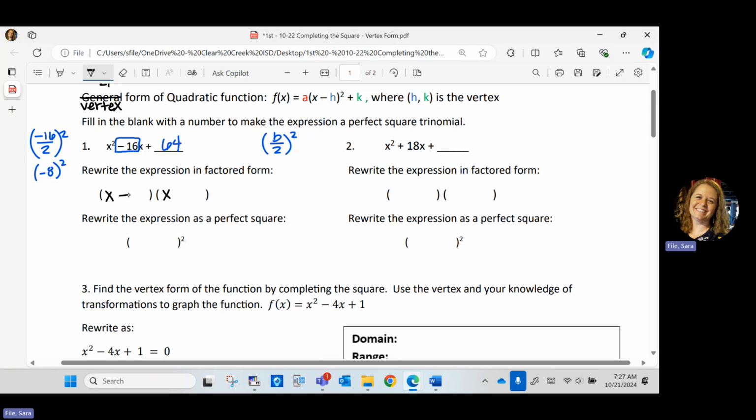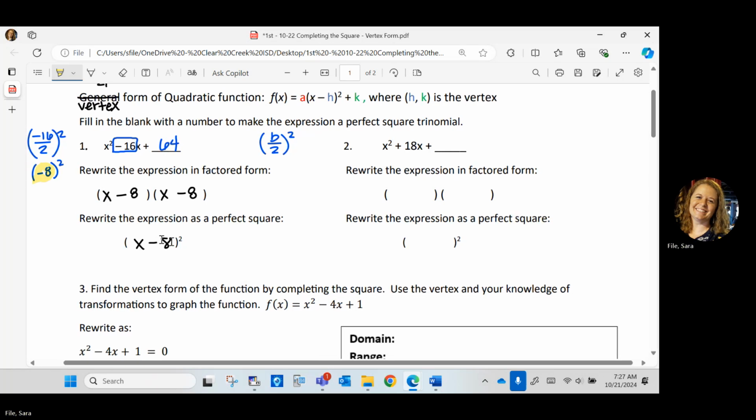Okay, so negative 8 and negative 8. The whole point of this was to get it to where it's the exact same binomial twice. So we can just write that as (x minus 8) squared. So again, remember that b divided by 2 is what goes here, not in that whole thing. Right there.